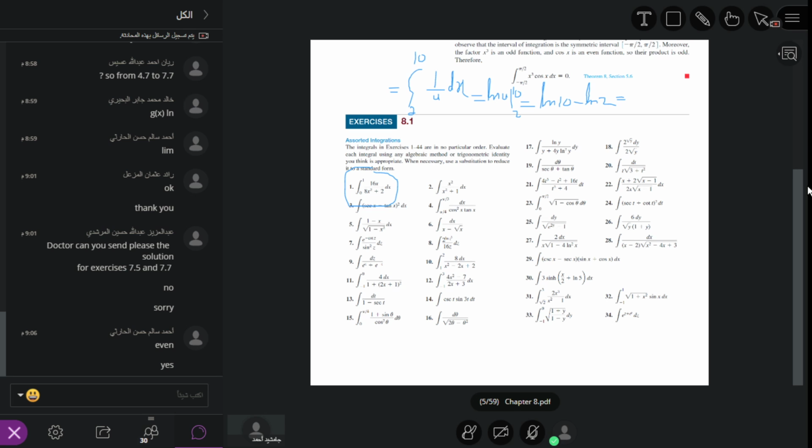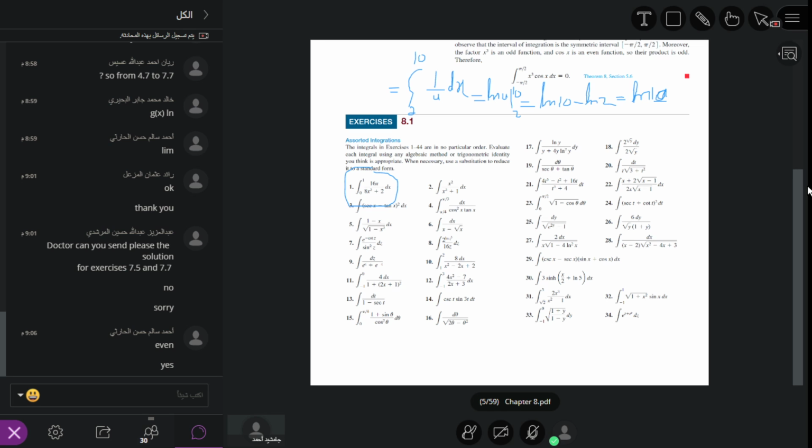We also know the property of the log natural: log a minus log b is equal to log of a divided by b. What is a? a is equal to 10.